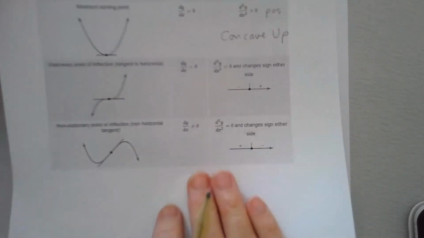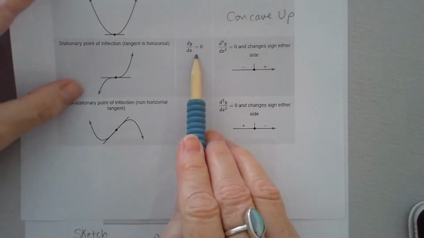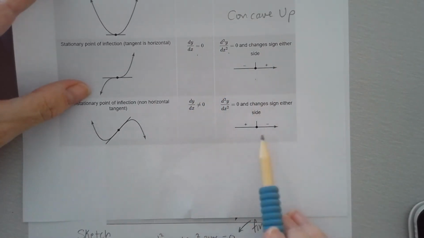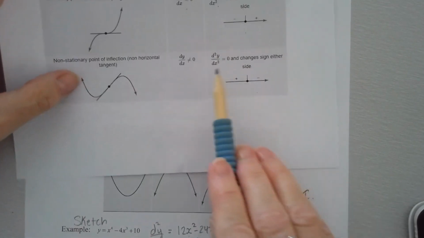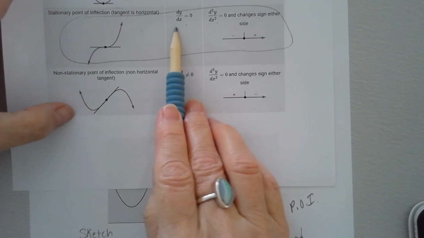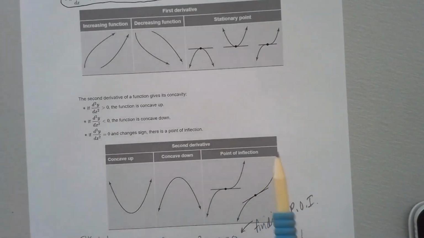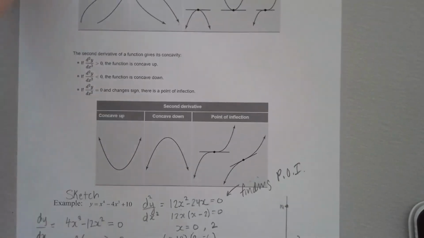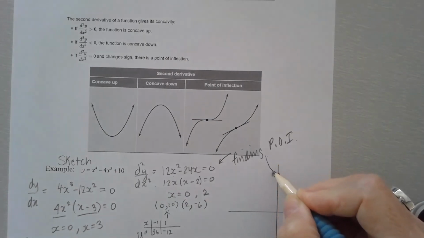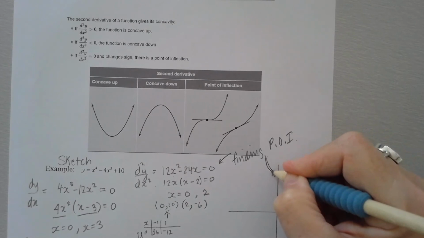Okay, here it is. It said the derivative was equal to 0, and the second derivative was 0, and it changed on either side, positive to negative. Oh, so it's got to be one of these. Derivative is 0, second derivative is 0, and it changes on either side. So mine changes on either side, concave up to concave down. Concave up to concave down. You with me? Concave up to concave down.